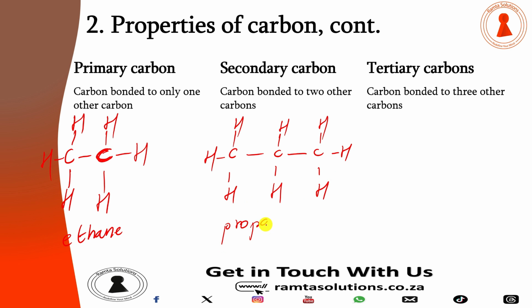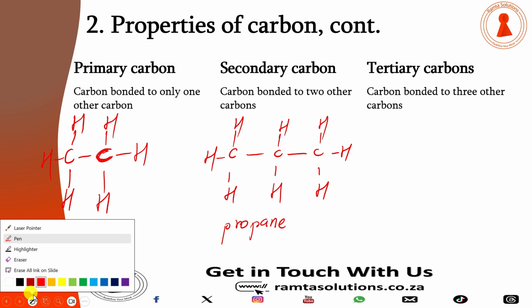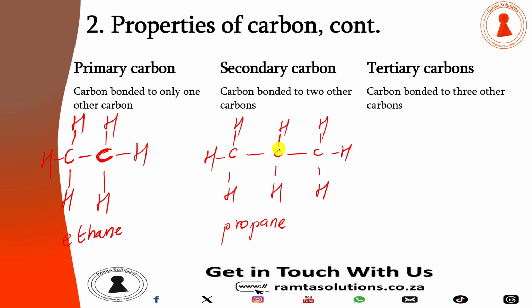You're going to get to know these things later, guys. So the one that is a secondary carbon is this one here. Why? It is bonded to two other carbons.